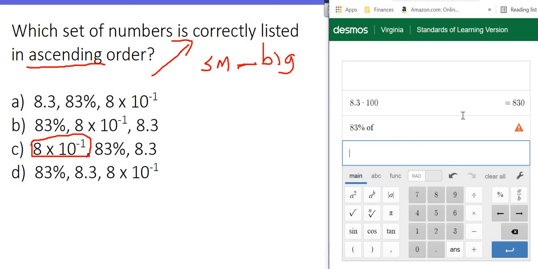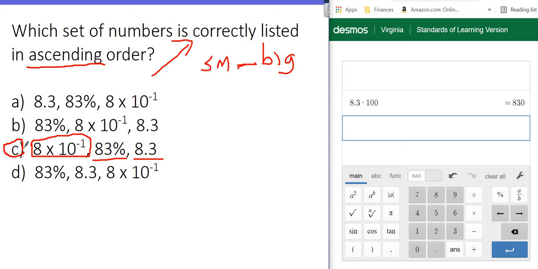And now I'm going to ask myself again, which of these is the smallest? 830% or 83%? Definitely 83%, and there it is. Then I'll delete that. And 830%, which is 8.3, is the last one. So you know that C is definitely your answer there.